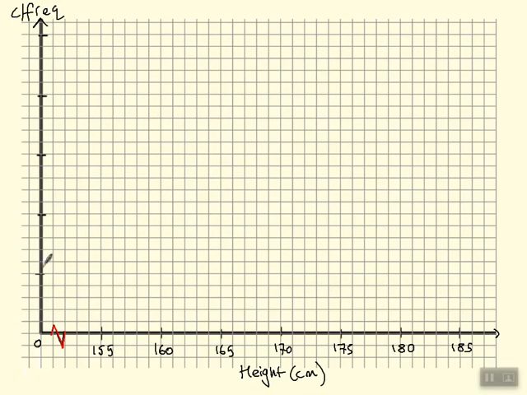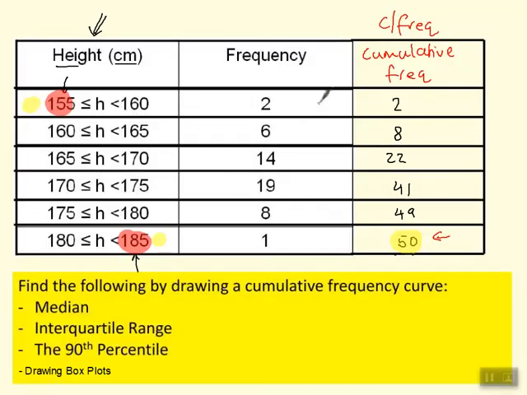So here's 0. We'll go up in 10s, so 10, 20, 30, 40, and then this is 50. So we just go from 0 up to whatever the top cumulative frequency value is, and that's 50.